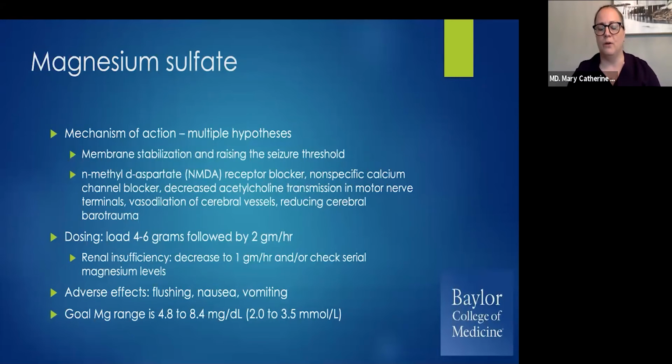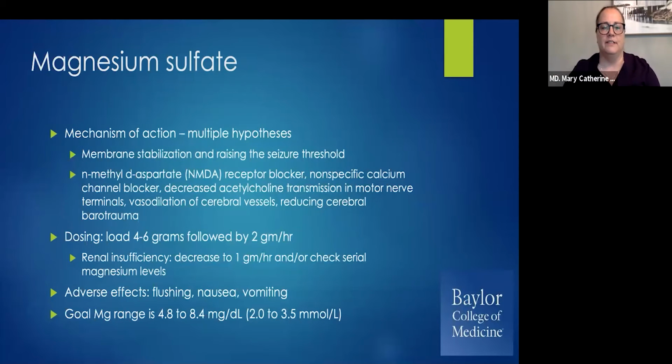However, all of them are really related in that they all involve the thought that magnesium stabilizes the membranes and thus raises the seizure threshold. But how exactly that is accomplished, no one has really proven for sure.